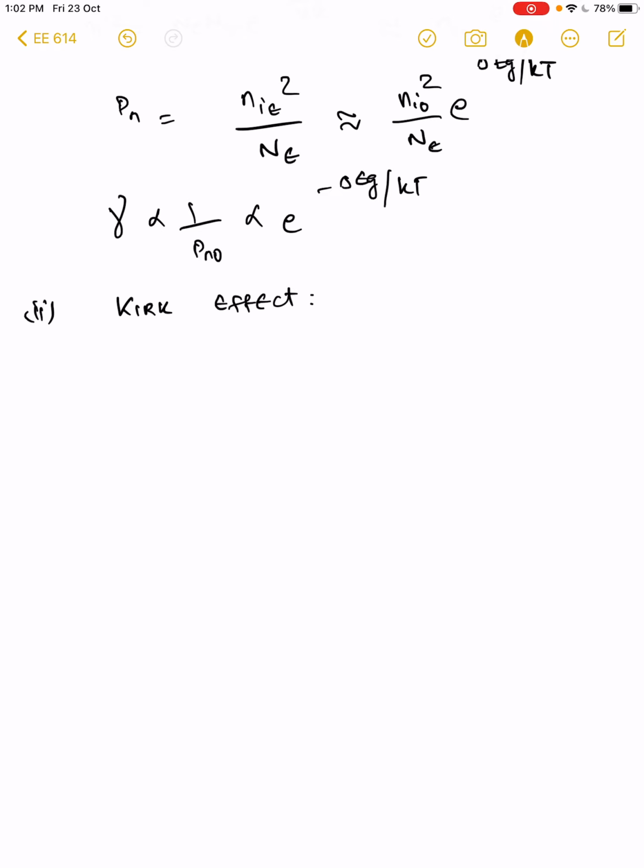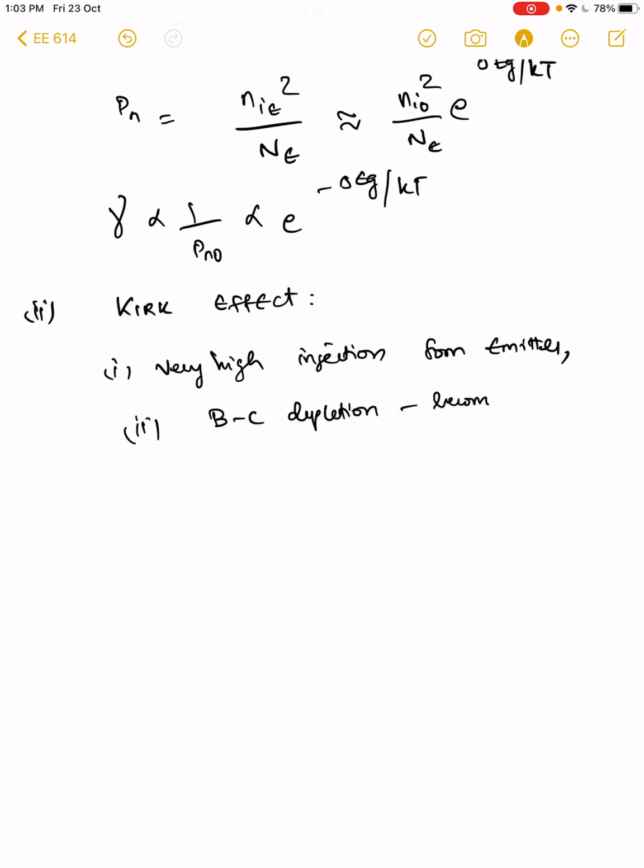So what happens is, if I have a very high injection from the emitter, the base collector junction depletion becomes sort of undepleted, because now I have injected densities as large as the actual doping density in these materials. So what happens is, so much free flowing charge in the base collector junction.